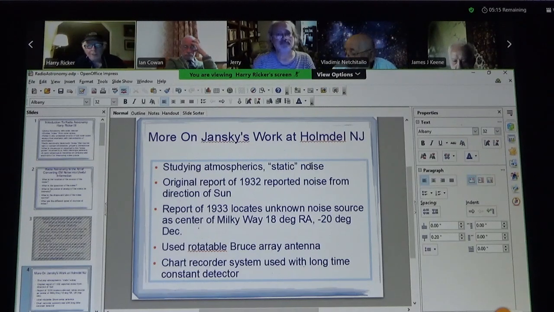Well, being an amateur radio operator, I can tell you that there's all kinds of noise. Noise being defined as something that interferes with your communication. You're trying to hear the guy on the other end, and there's all kinds of noise. There's the lightning noise, which we call QRN, and then there's noise on the antenna.